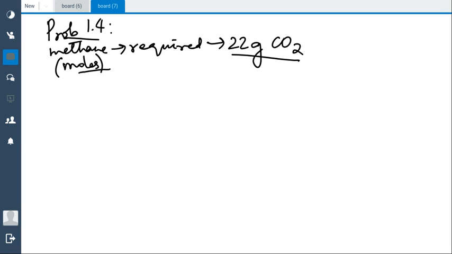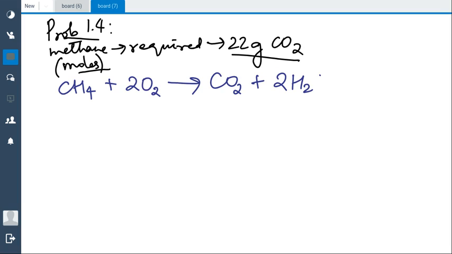What was our first step? Our first step was to write down the equation, which is CH4 plus 2O2 gives CO2 plus 2 moles of water. Now we have to write the number of moles: 1 mole of CH4, 2 moles of oxygen, 1 mole of carbon dioxide, and 2 moles of water.